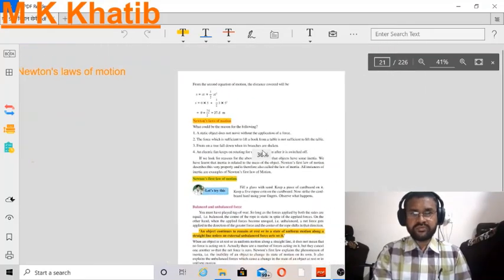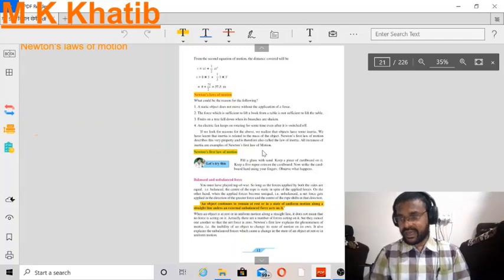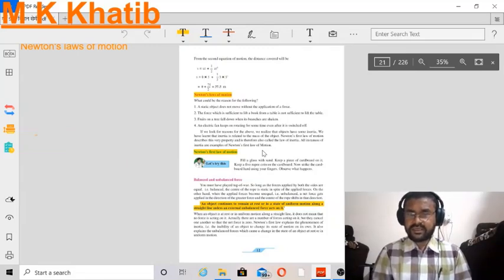From these four examples, what do we realize? What is the reason behind it? There is a simple reason: every body has some inertia. Last time we learned about the property of inertia.